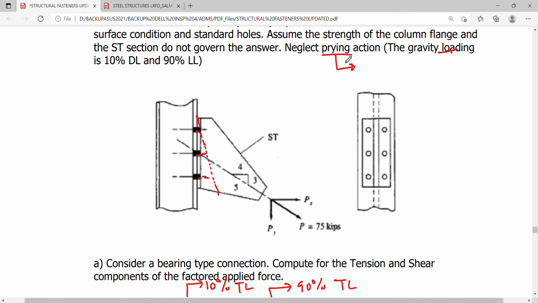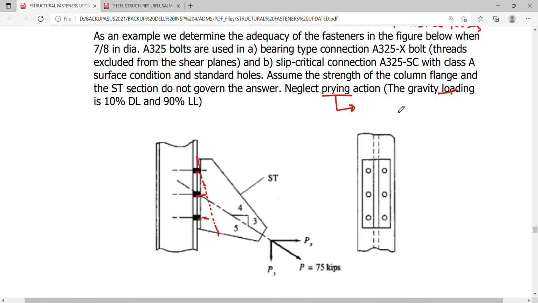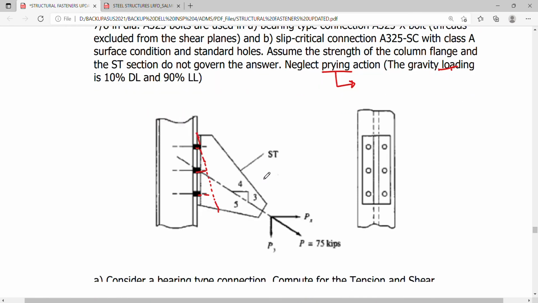So assuming that the PX here will give you a uniform distribution of tensile loads there, we consider a simpler problem, but we can actually consider the prying action later. Just to demonstrate the procedure on how to deal with bearing type connections like this, we first neglect that prying action.